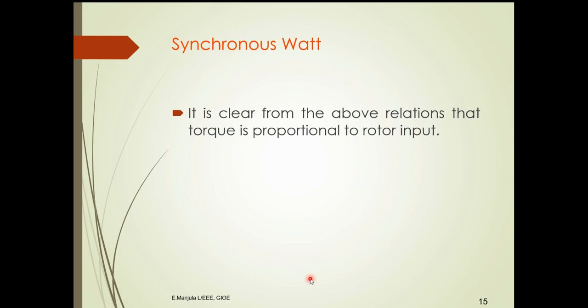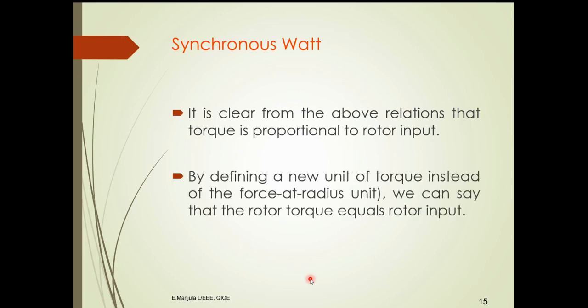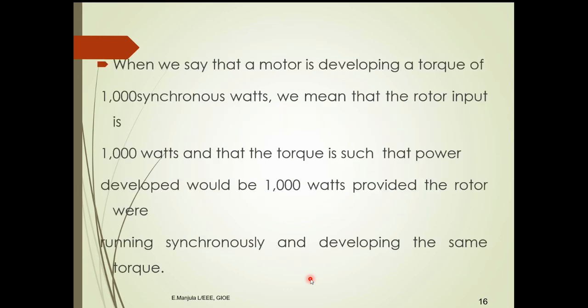It is clear from the above equation that torque is proportional to the rotor input. By definition, the usual unit of torque is force at a radius. So we can say that the rotor torque is equal to the rotor input, and the new unit is the synchronous watt.